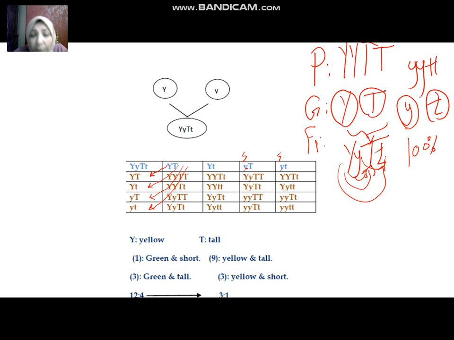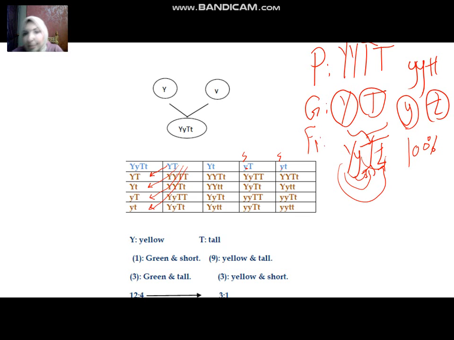We can write the result of the offspring either horizontally in the first row or vertically in the first column. We can write it by the two methods. In this table, we will write the offspring for each vertical column.